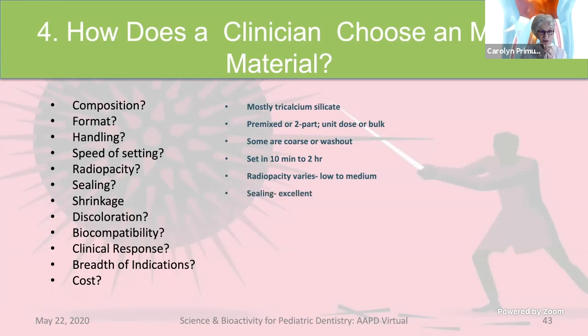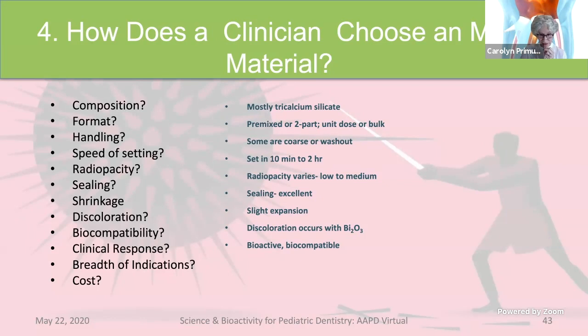The sealing for this type of material is excellent because they expand just very slightly. If you avoid materials that contain bismuth oxide, you'll avoid discoloration of the tooth over time. All these MTA-based materials are bioactive, they're biocompatible, and the clinical response is excellent.